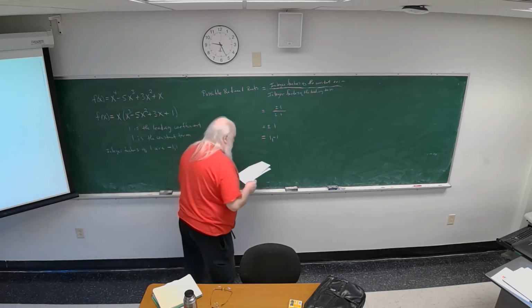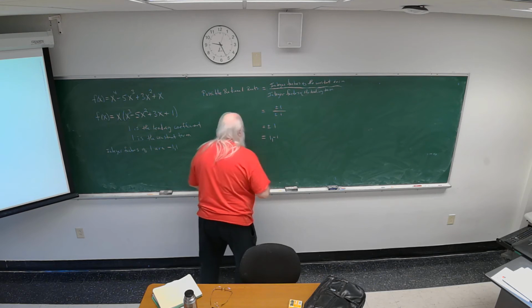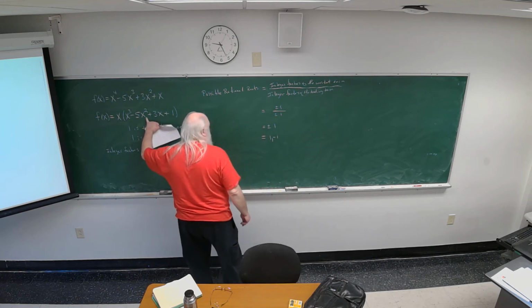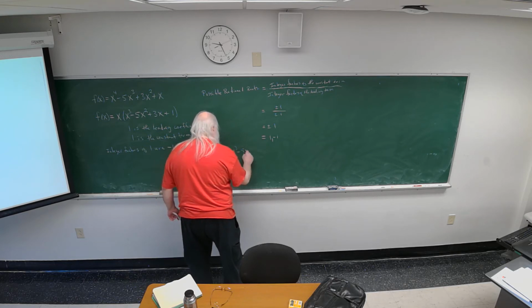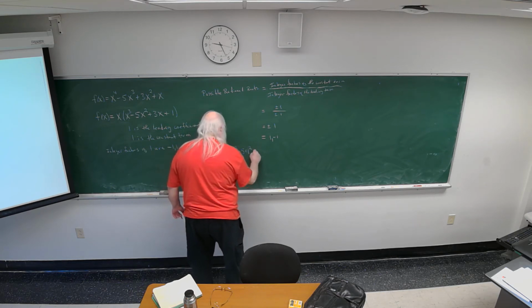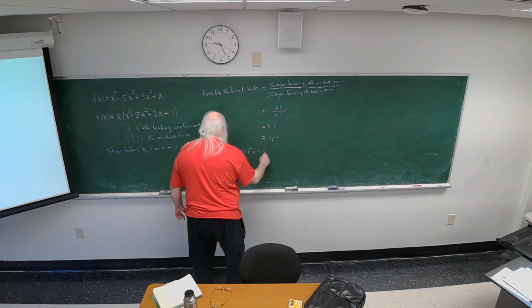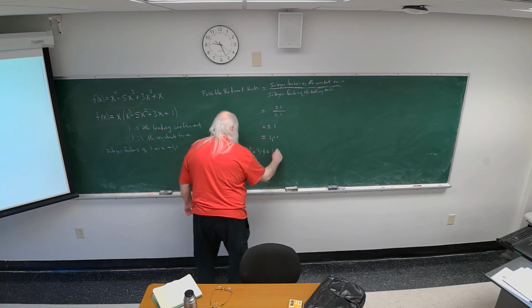So when I put in 1 for x in our third degree polynomial, I have 1 cubed minus 5 times 1 squared plus 3 times 1 plus 1.